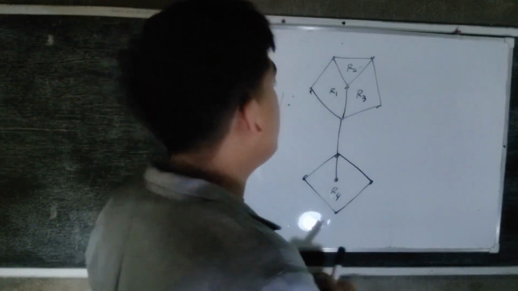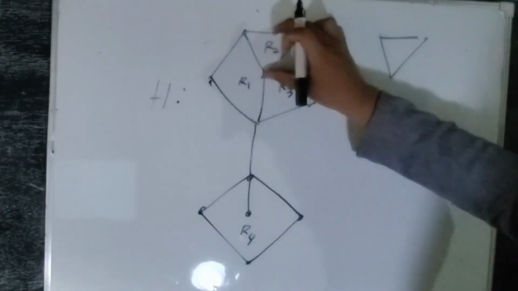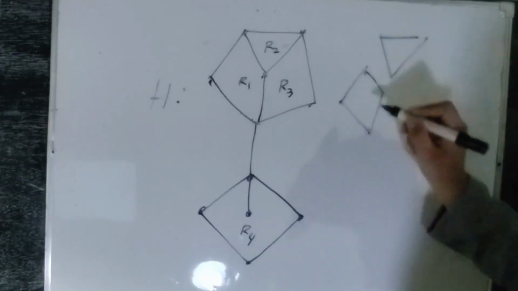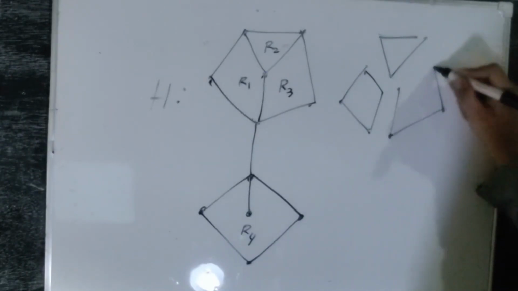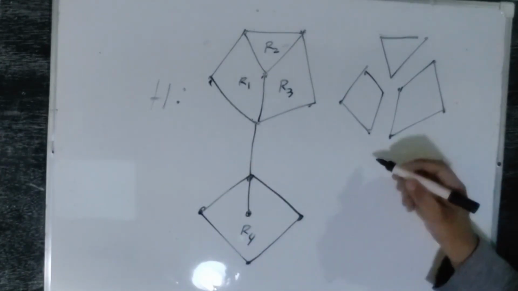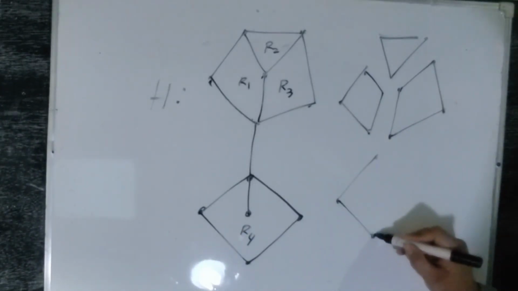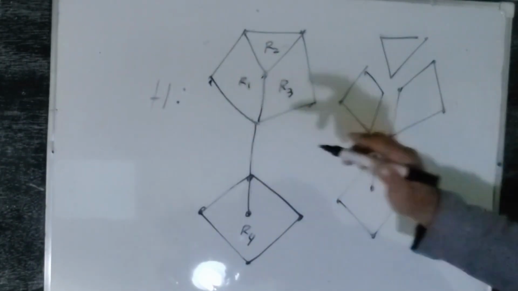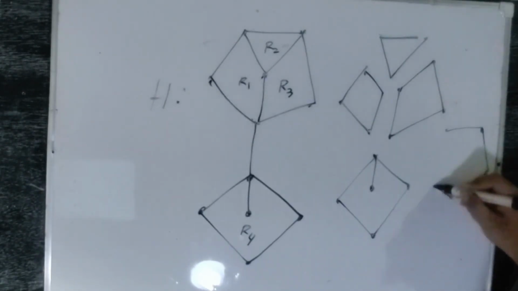The connecting pieces are this for R2, this for R1, this for R3, this for R4, and then this is the exterior.